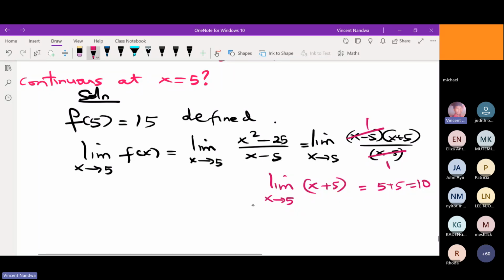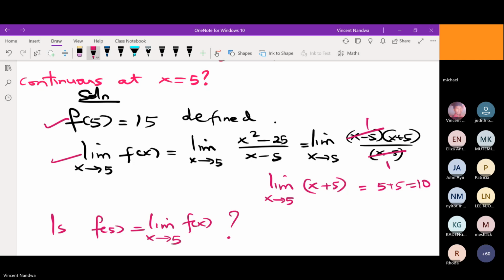So the first condition and the second condition are done. Now the third condition is f of 5 equals the limit of f of x as x approaches 5. Are they the same?